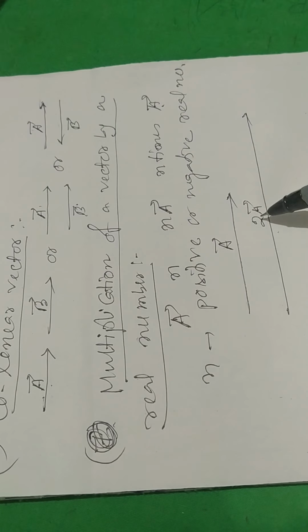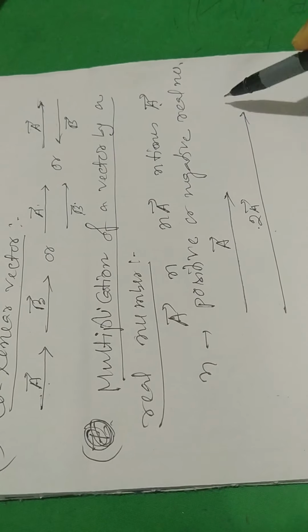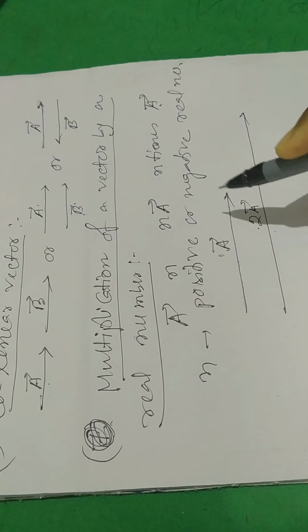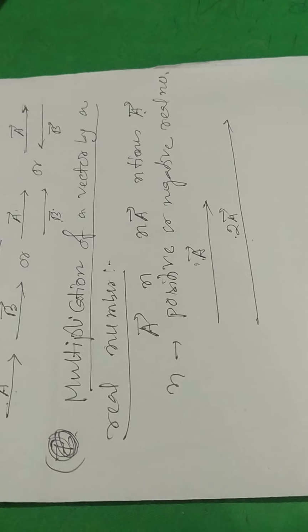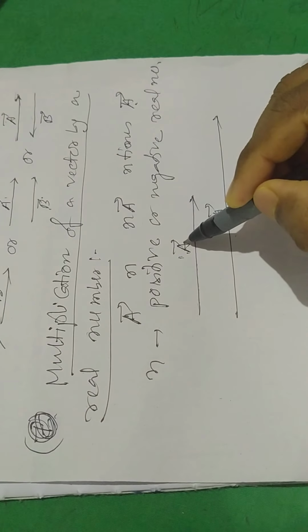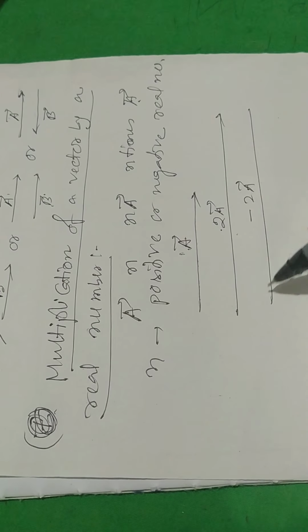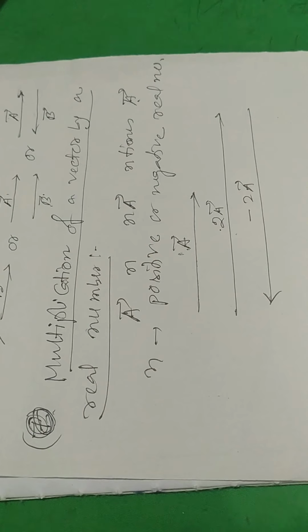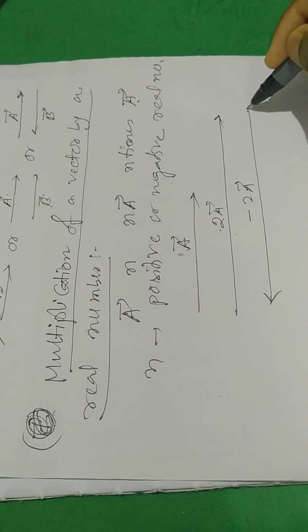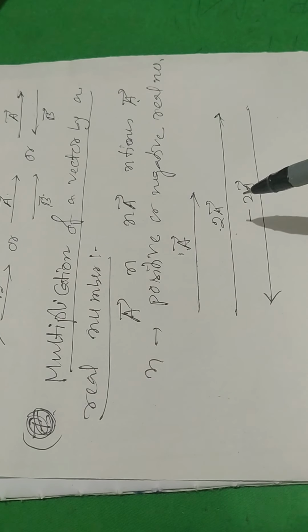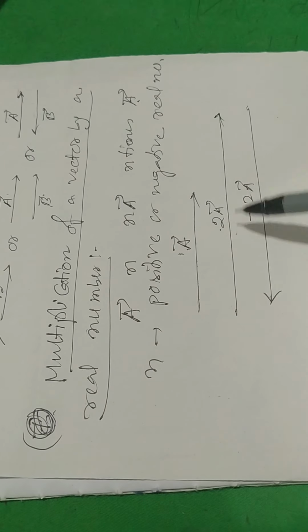Since we are multiplying by plus 2, the direction is the same as the initial vector A. If we multiply vector A by minus 2, then for minus 2A, the direction will be opposite. So the direction of the vector depends upon whether n is a positive real number or a negative real number. That is called multiplication of a vector by a real number.